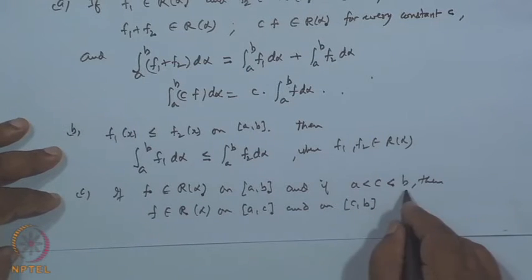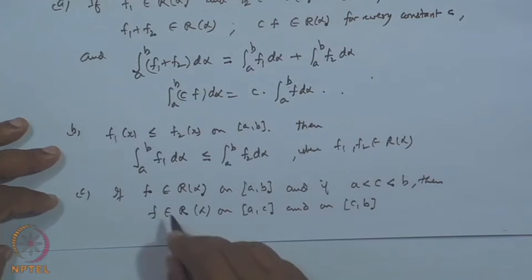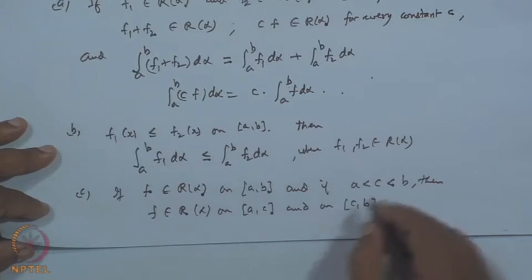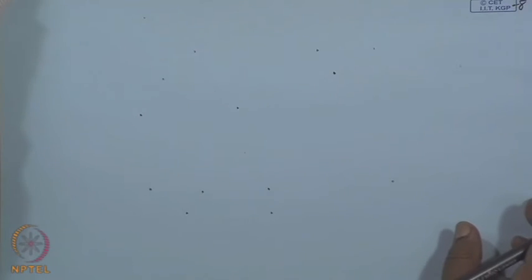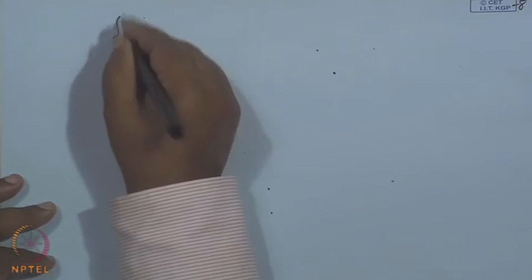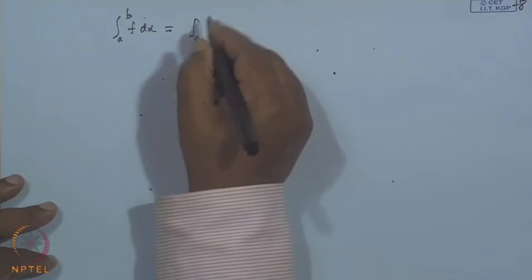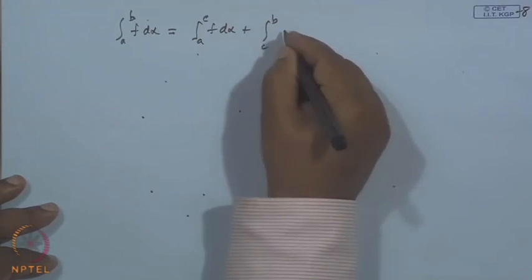Means if we divide that a b into two parts, a c and c b, then over each subinterval function f will remain Riemann-Stieltjes integrable with respect to the same alpha, and the value of the integral will be the sum of these two, and the integral from a to b of f d alpha is the same as the integral from a to c of f d alpha plus the integral from c to b of f d alpha.